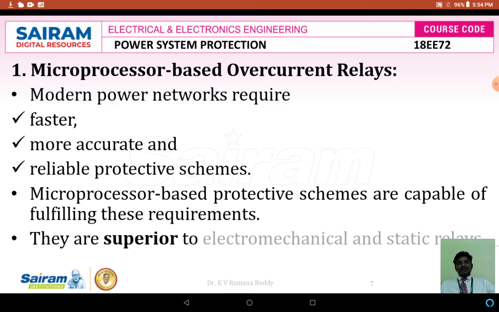So that's why it is a highly reliable protective scheme, with the capability of fulfilling these requirements. That is, these microprocessor based overcurrent relays are superior compared with electromechanical and static relays.